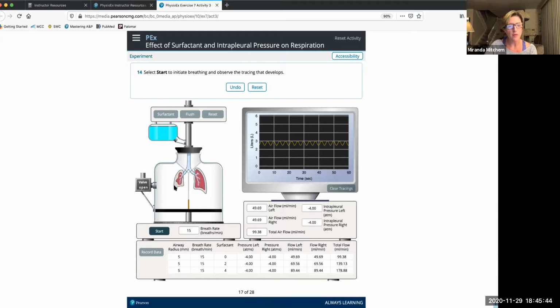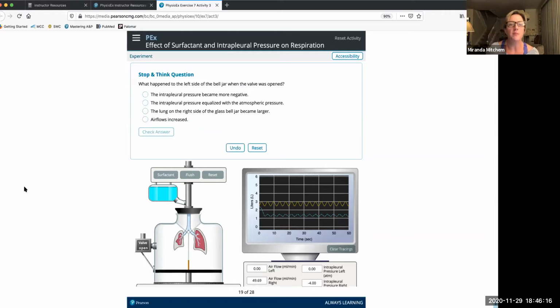So now the intrapleural pressure is equal to atmospheric pressure, and it has collapsed that lung. Oh, big difference here. Look at how much lower everything is. Even the difference between the maximum and the minimum of the waves has decreased with the collapsed lung. We're way below here.